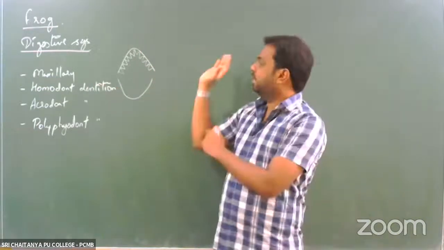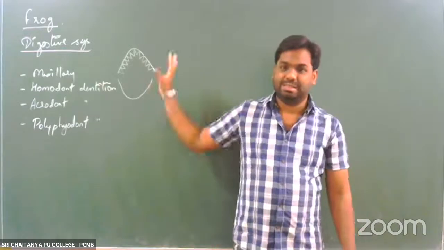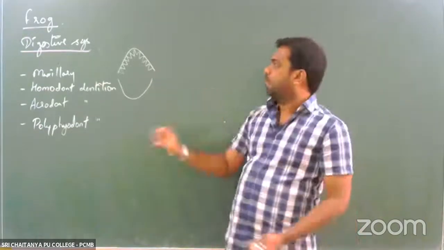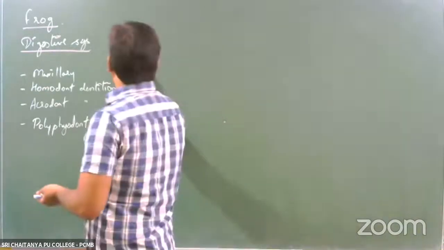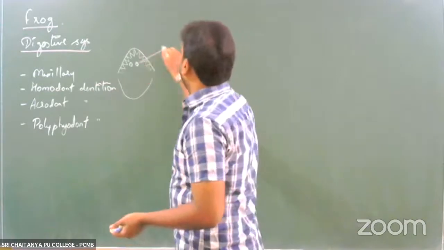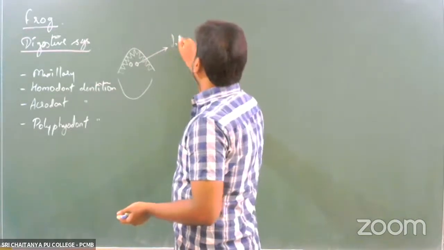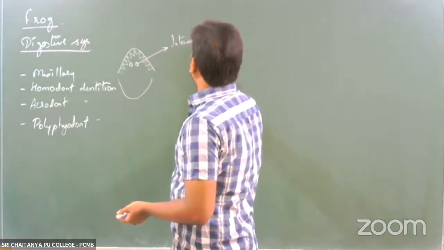Now let's get into the other structures present inside the buccal cavity. Towards the anterior end, on the maxilla side, there are two small openings, which we call the internal nares.